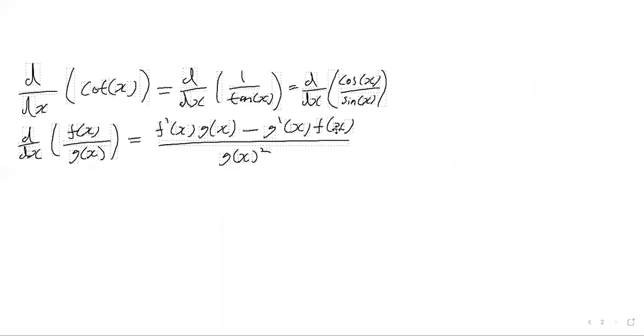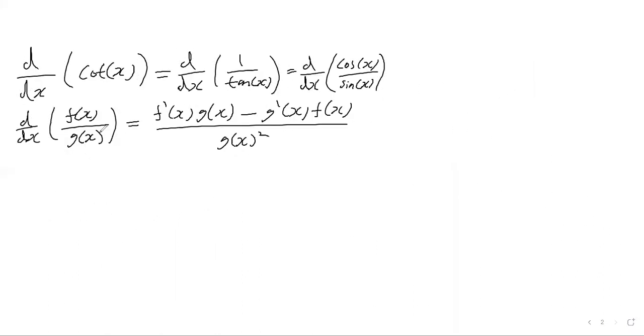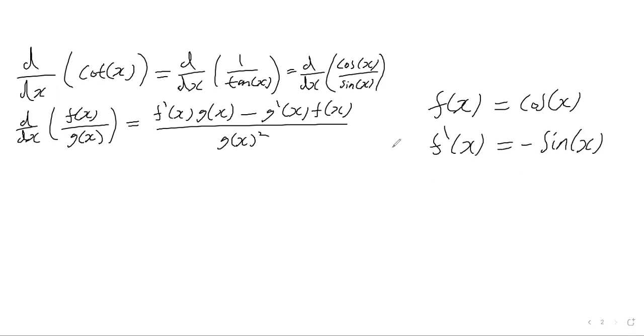So what we're going to do then is correspond the f with the cos. So we know that f of x is cos, and from a previous video, we know that the derivative of cos is going to be negative sine.